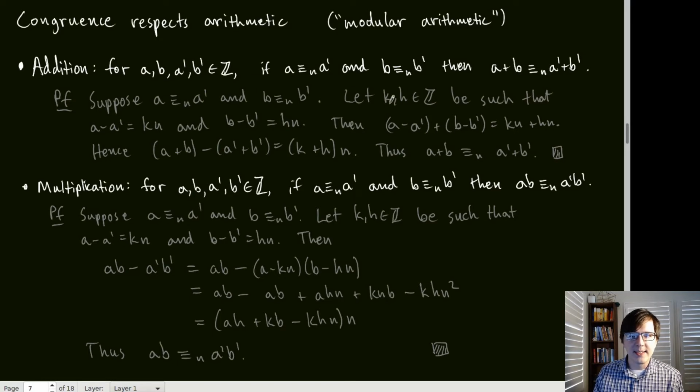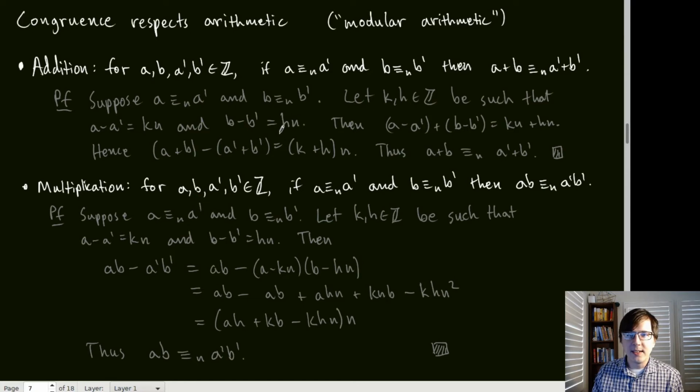Like usual, let's let k and h be integers that demonstrate the divisibility underlying these definitions. So a congruent to a prime mod n means that there exists a k where a minus a prime is kn. And b congruent to b prime mod n means that there's an h such that b minus b prime is hn.